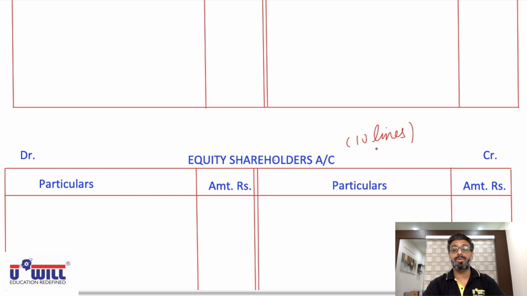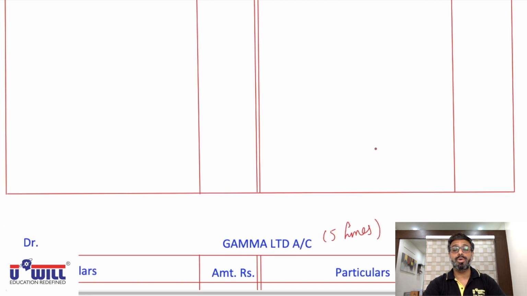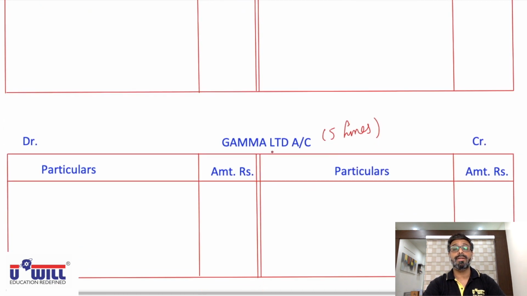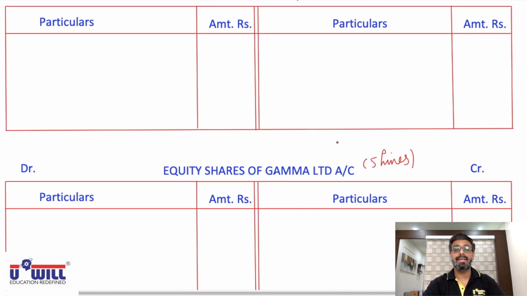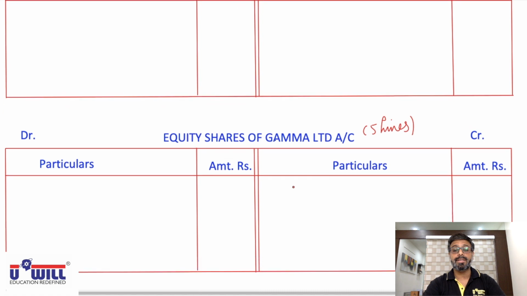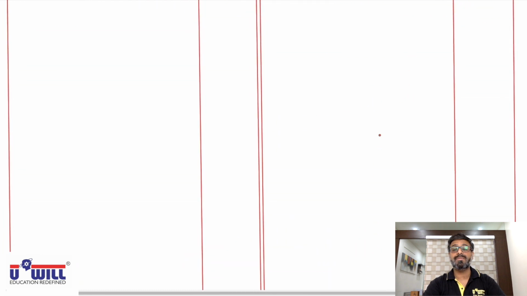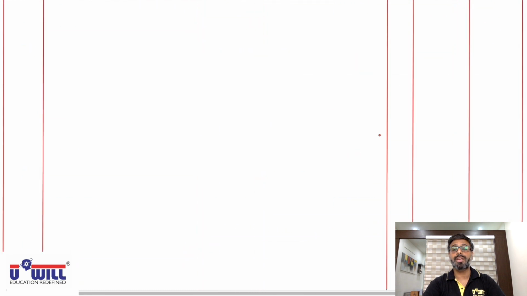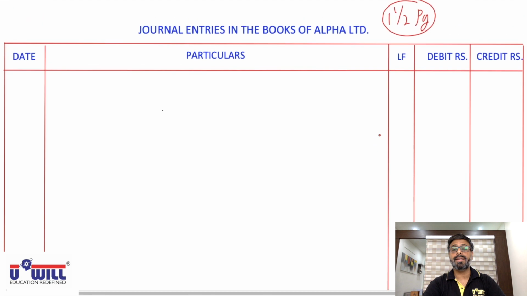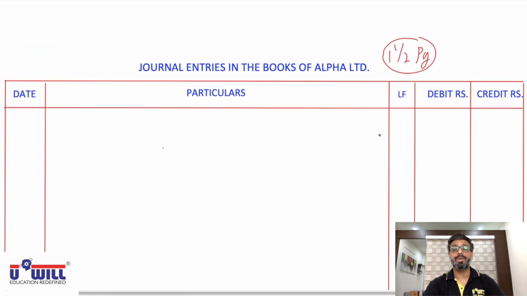Equity shareholders account around 10 lines. Now who is the transferee company? Gamma Limited. So transferee company Gamma Limited accounts format of around 5 lines, and equity shares we are getting in consideration. So equity shares of Gamma Limited account format of 5 lines. All of you pause the video and make these formats first, okay? And then we continue further, okay?